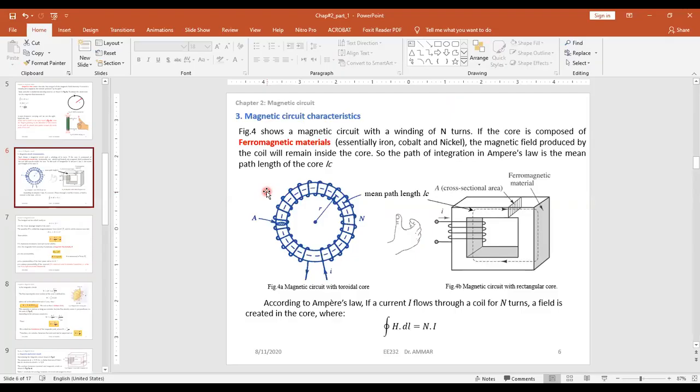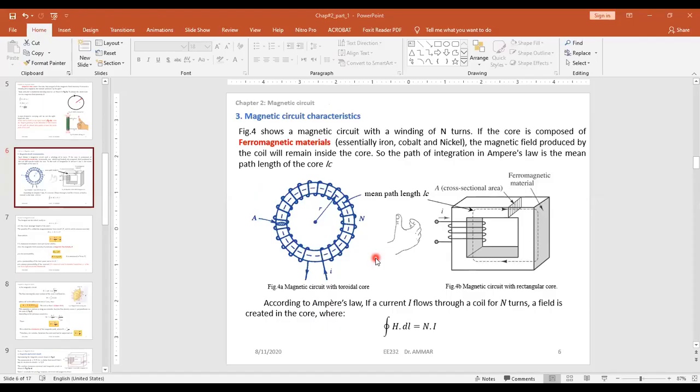Okay, so we said here that we use the iron core in order to keep the magnetic field that is produced by the coil. We keep it in this core in order to guide it to the other side. Or for example, we are going to see other cases like this.